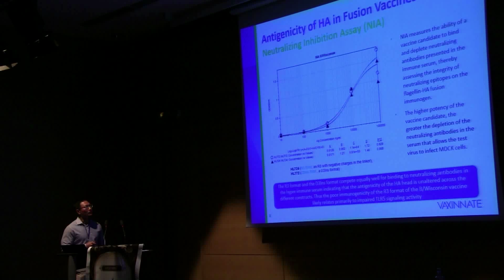And so the poor immunogenicity of the R3 format of the flu B vaccine is most likely related to TLR5 signaling.